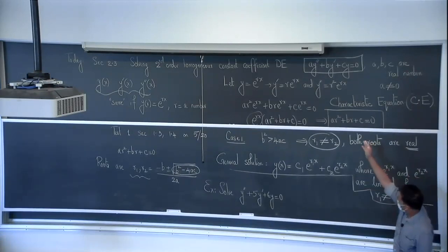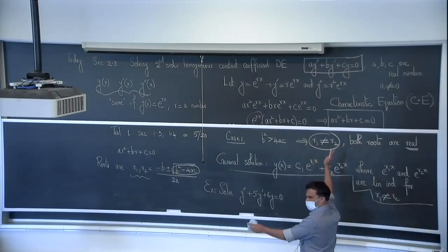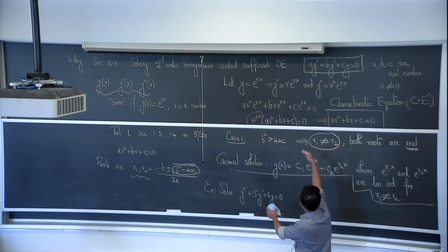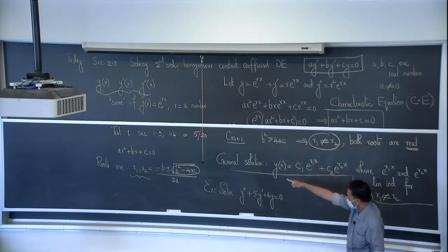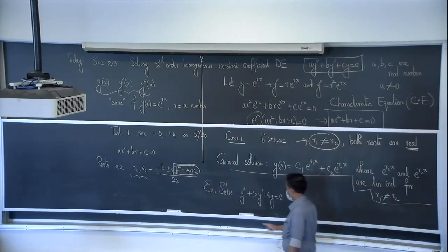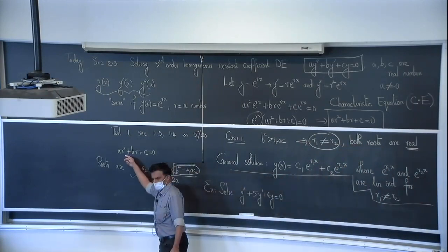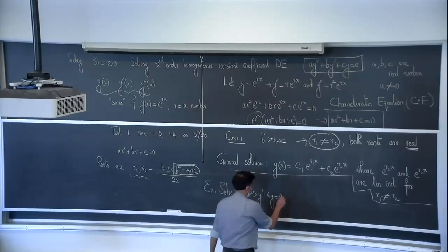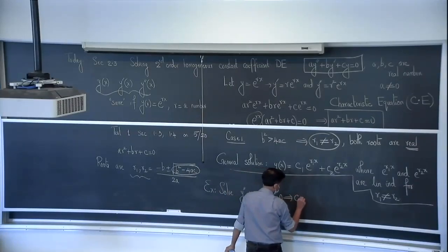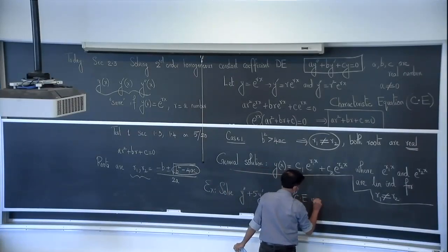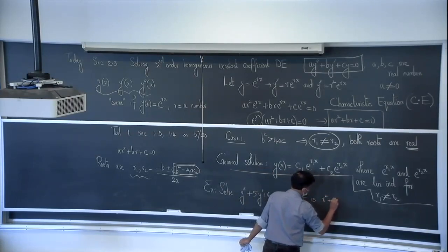Now, you don't have to write stories about let y equal to e to the power of rx and so on. What you should do is start with the characteristic equation, which is the corresponding quadratic equation for this differential equation. So the characteristic equation is r squared plus 5r plus 6 equal to 0.